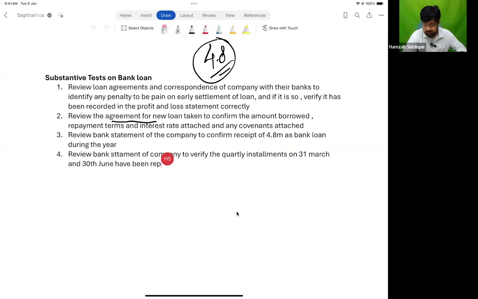To verify the quarterly installments on 30th June have been paid related to the new loan, paid to the bank.